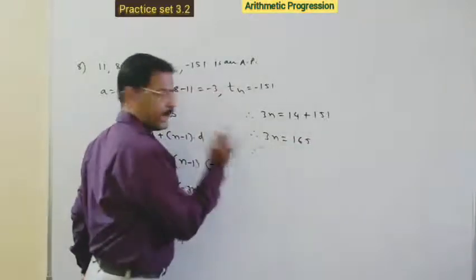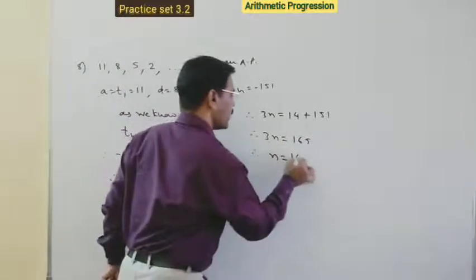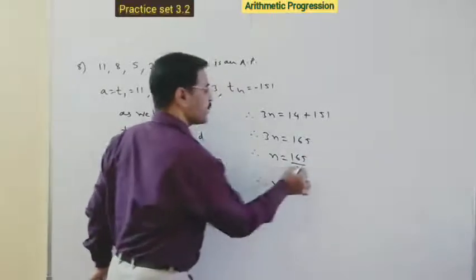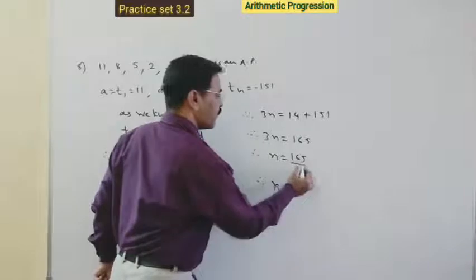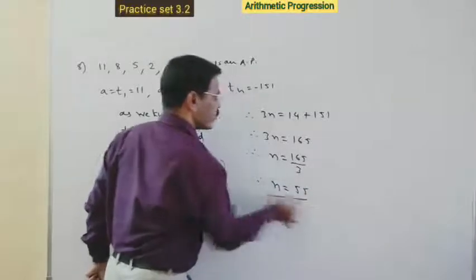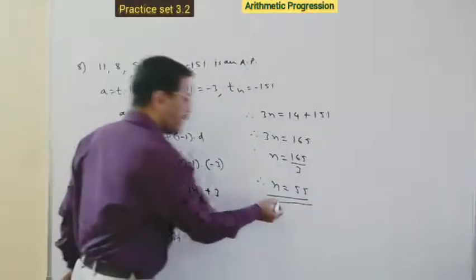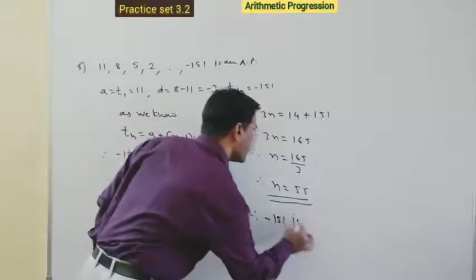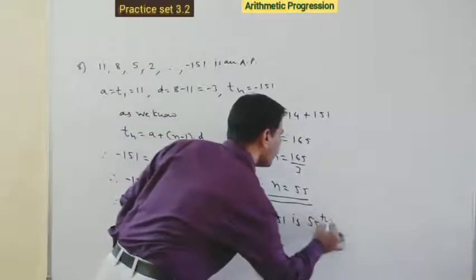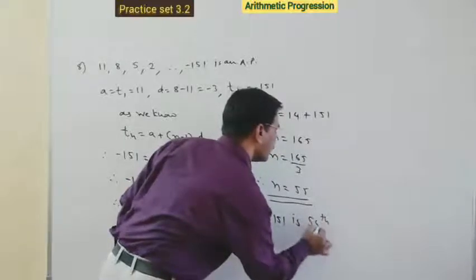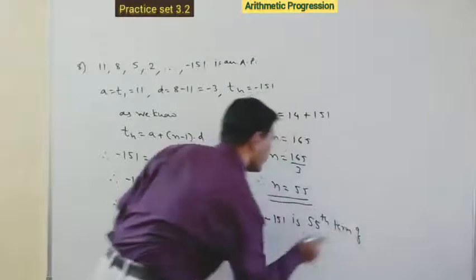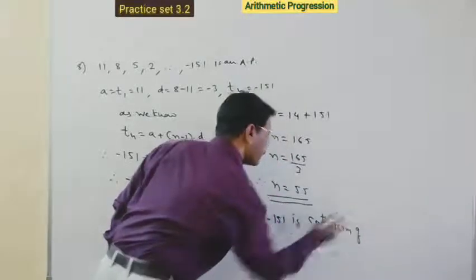Is it okay? Addition. So n is equal to 165 upon 3. Just by simplification, 3 ones are 3, 5 threes are 15, 1 remains, again 3 fives are 15. So n is equal to 55. Means minus 151 is the 55th term of the given AP.